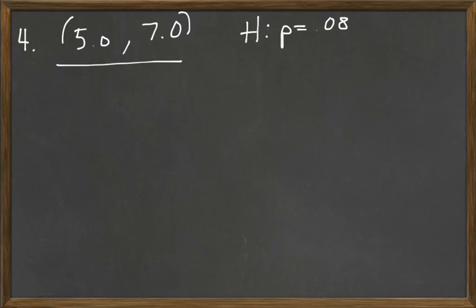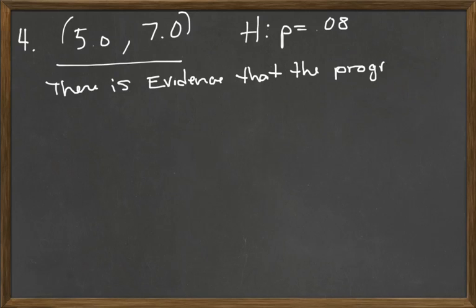Okay, so you would conclude that there is evidence that the program is working. Well, we know that because we're 95% confident that the true proportion falls between 5% and 7%.